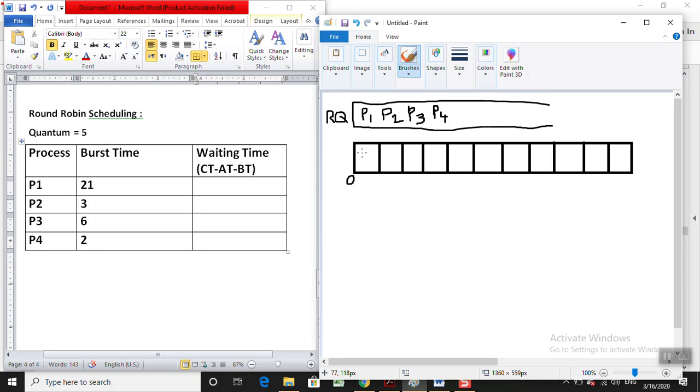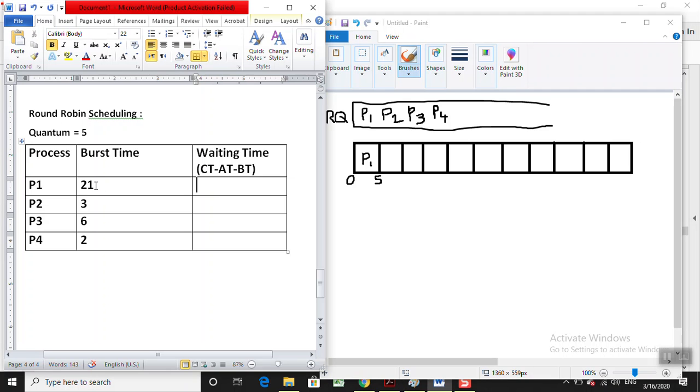At 0, first P1 is in the ready queue, so P1 will be scheduled here, and it will run only for a fixed amount of time, that is 5 seconds. So how much time is remaining for P1?